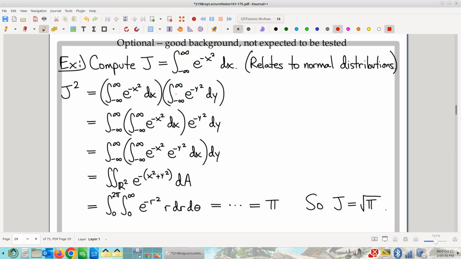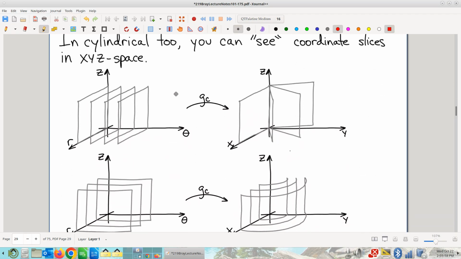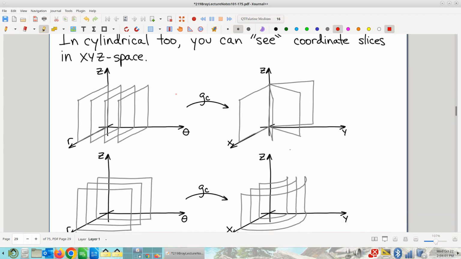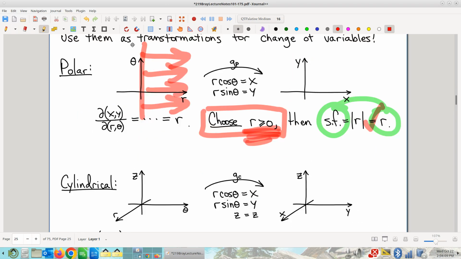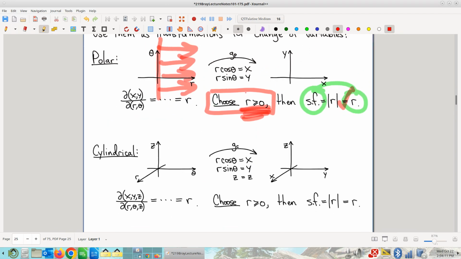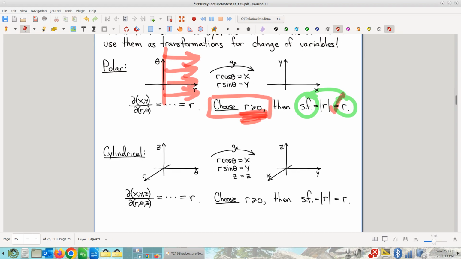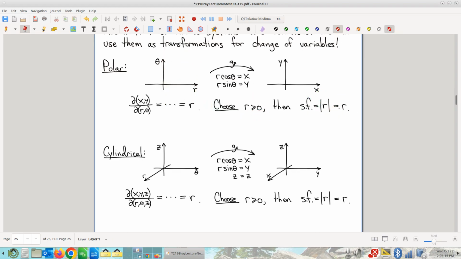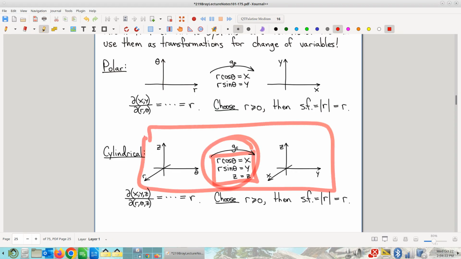Okay, moving along. Cylindrical coordinates, pretty much just like polar, right? Again, let's see here. Let me go back a few pages so we can point. Just like with polar, we're going to take our conversion formulas. We're going to view them as a function. We're going to note that it could be interpreted as a change of variables function.